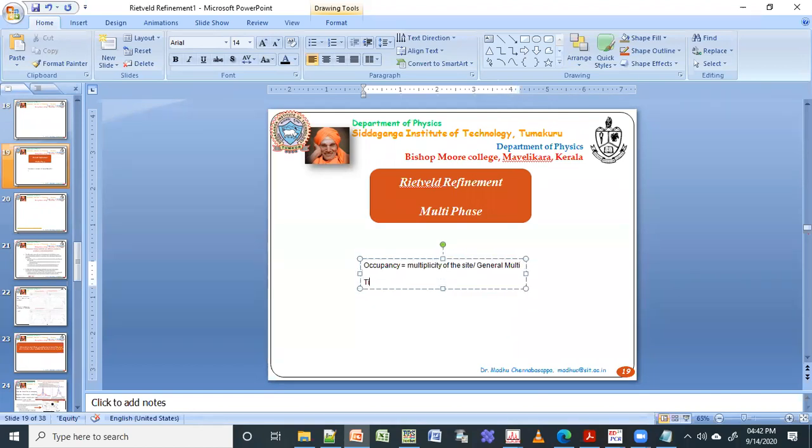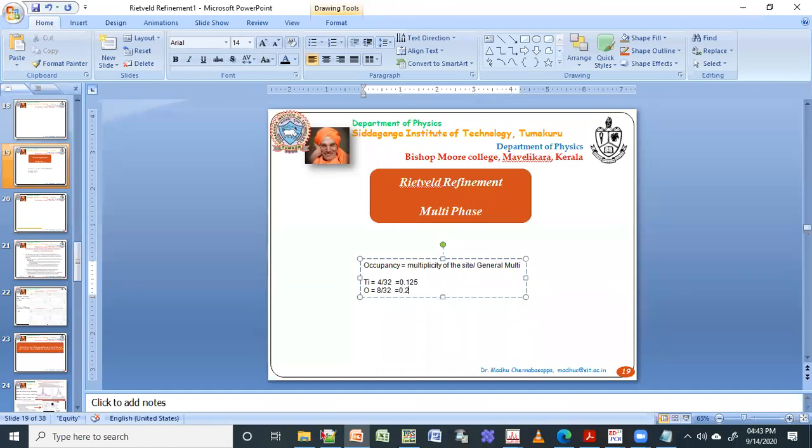So now if I take for titanium, it is 4 by 32, and if I take for oxygen, it is 8 by 32. So this is how you can calculate the occupancy. 1 by 32 gives 0.125, and for the other it is double of that, so it will be 0.25.